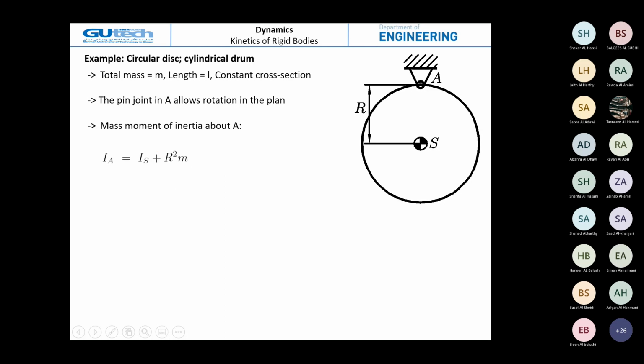For the Steiner part, the distance between S, the center weight, and the point A is only the radius R. Now, if we replace, we found Is is only half of the mass multiplied by R square, and we find Ia is 3 divided by 2 the mass multiplied by the radius square.